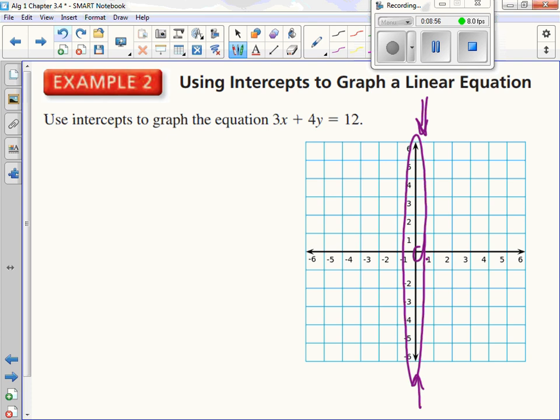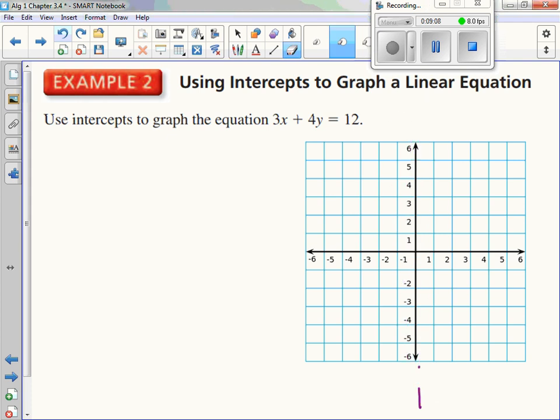So if I go over one, I'm at where? What is the x value at this point right here in the middle? So this whole line, the x value would be what? 0. Because at the y-axis, the x value would be 0, yes?